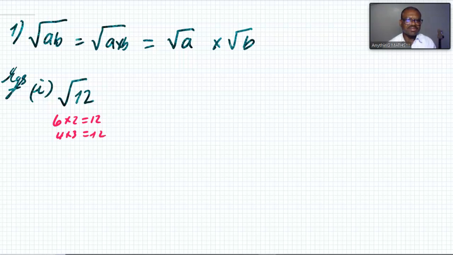But as far as this example is concerned, the second is very important because 4 is a square number.